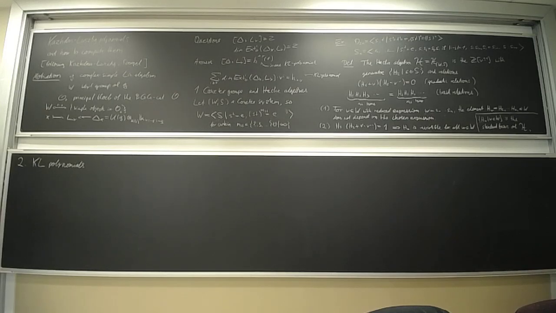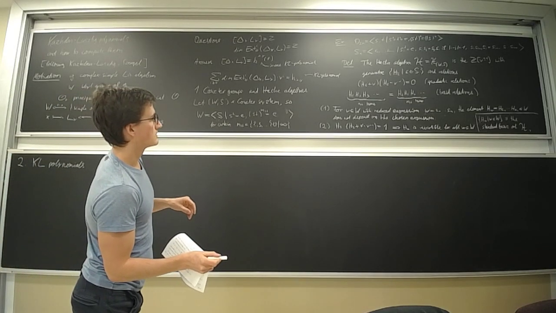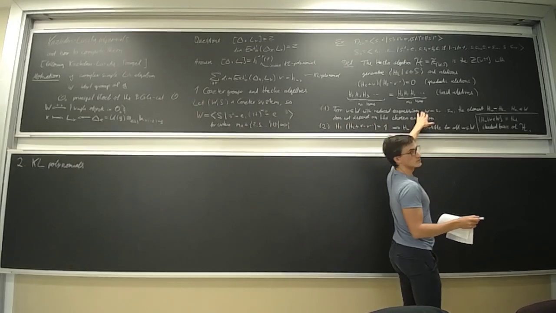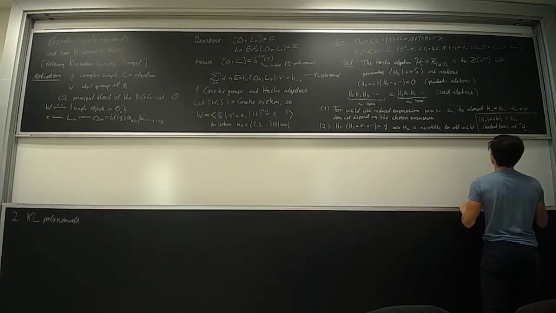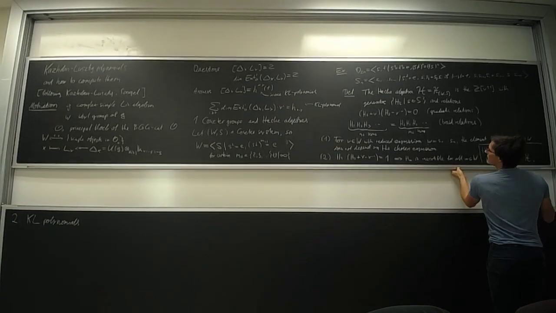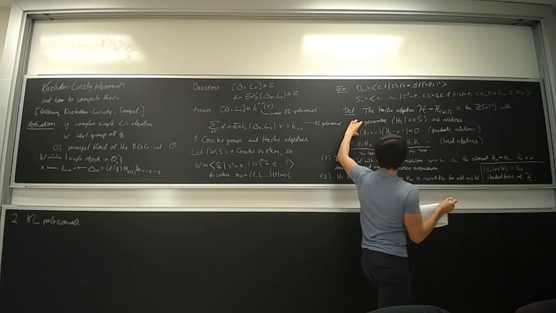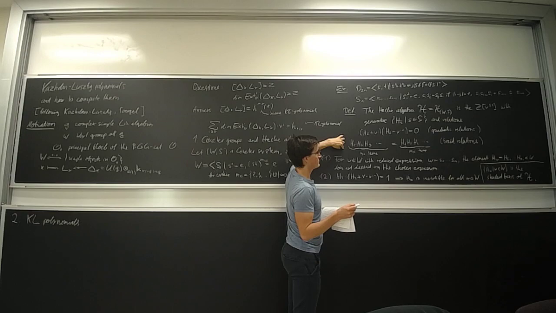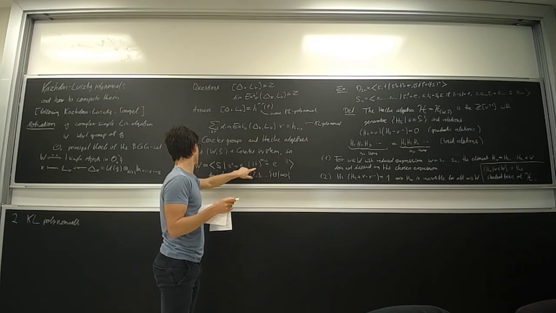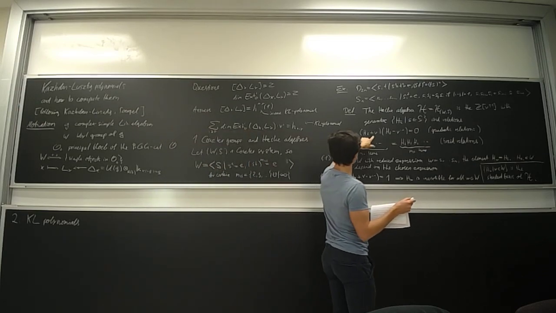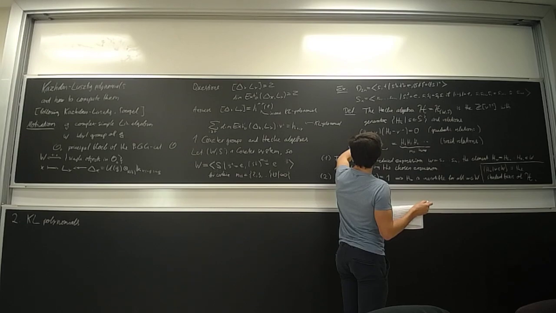You may want to see what happens when you specialize v to 1. Oh, you mean here in this case? Yeah, for the Hecke algebra. Oh, sorry. Yes. Right, if you look back at the relations that we get, the second relation, the braid relation, doesn't depend on v. So you just end up with the braid relation for the group, and the quadratic relation at v equal to 1.